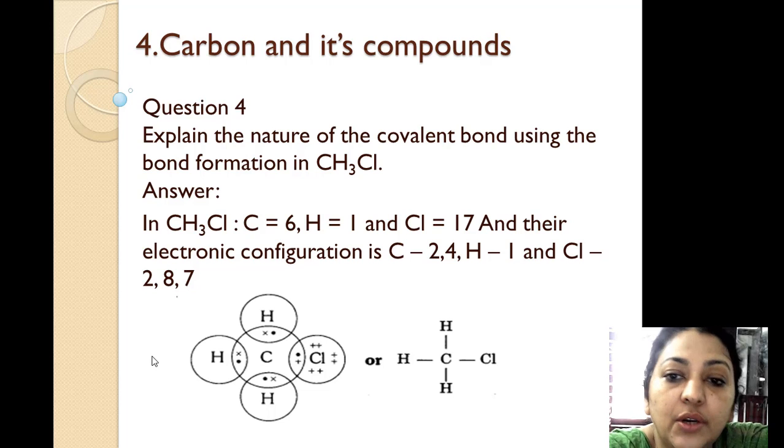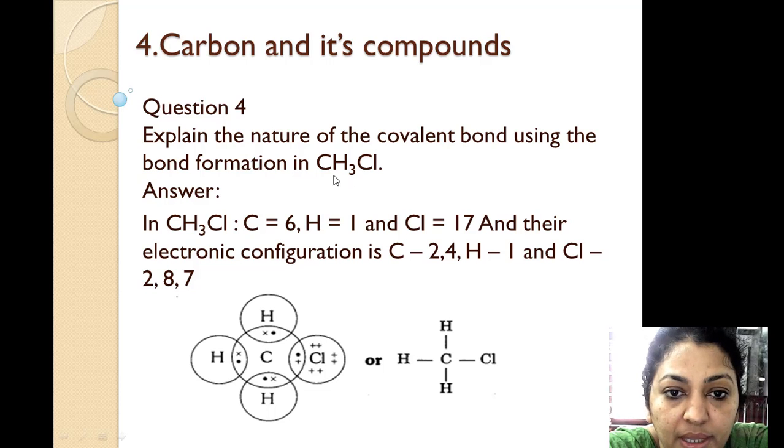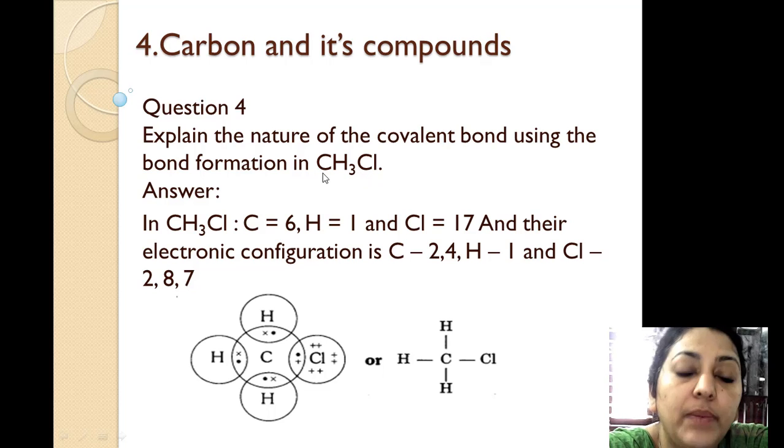Explain the nature of the covalent bond using the bond formation in CH3Cl. So we have to simply explain the nature of covalent bonding in chloromethane. What is CH3Cl? It is chloromethane. From methane, CH4, one hydrogen is replaced by a chlorine atom. Therefore, it is chloromethane.